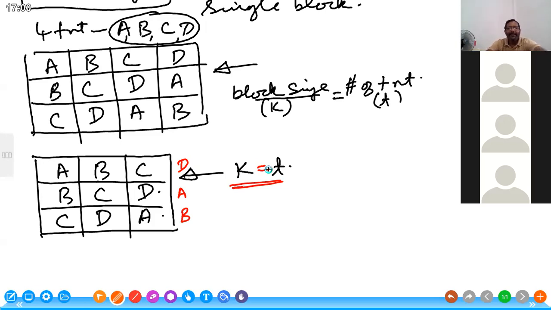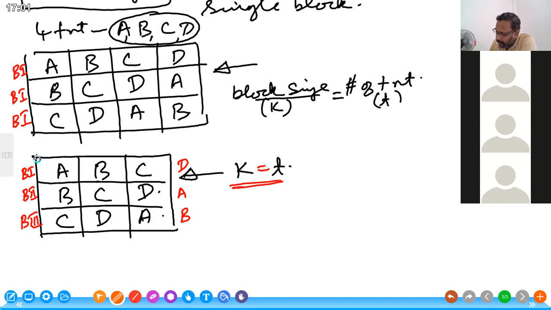Simple mathematics. Is K equal to T? No. What is the value of K here?